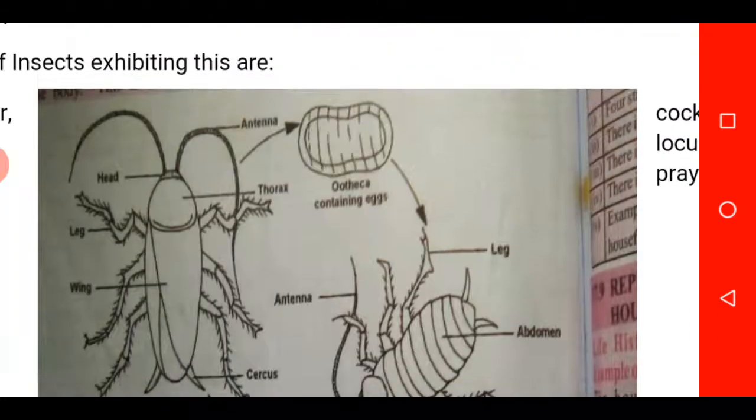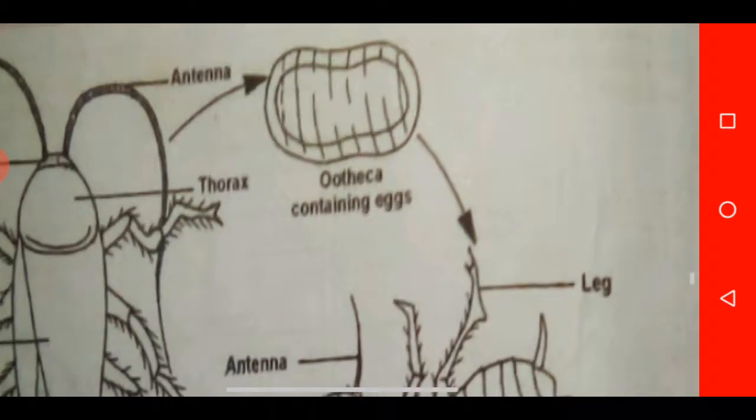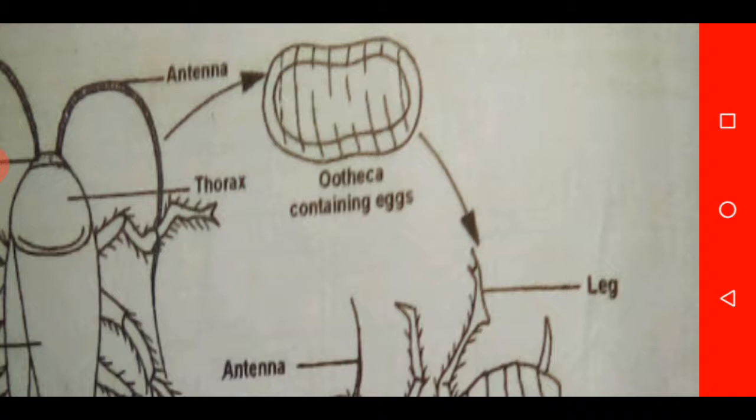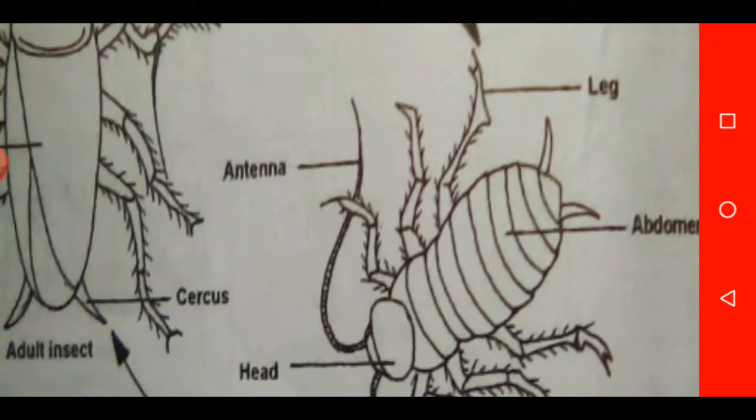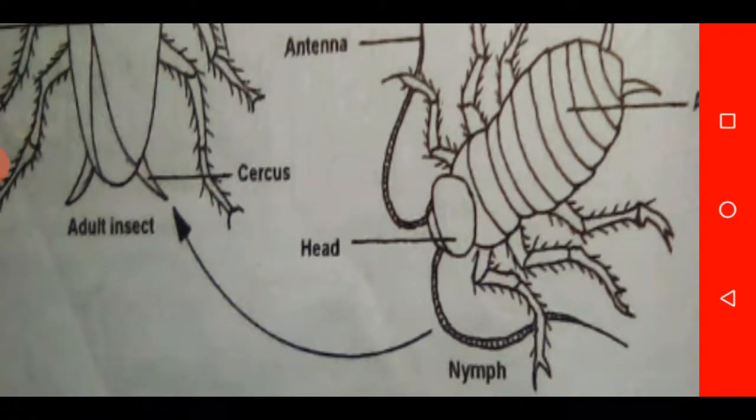As you can see, the egg stage of the organism, the ootheca, contains the eggs, which will split open later after the development. The organism has fully developed in the ootheca, and develops into the nymph stage. The nymph stage is wingless.